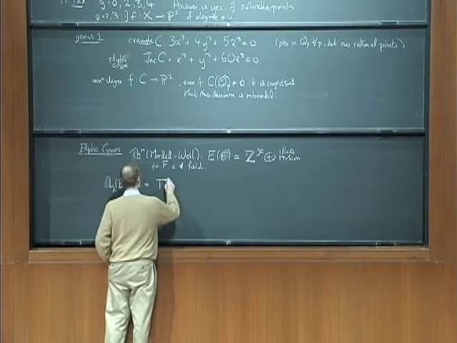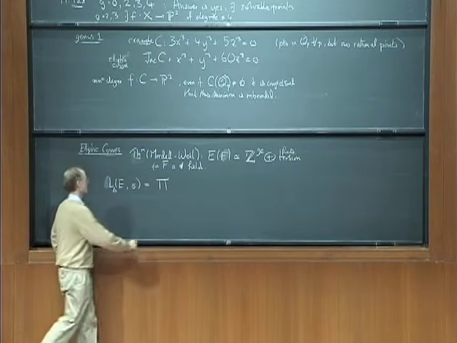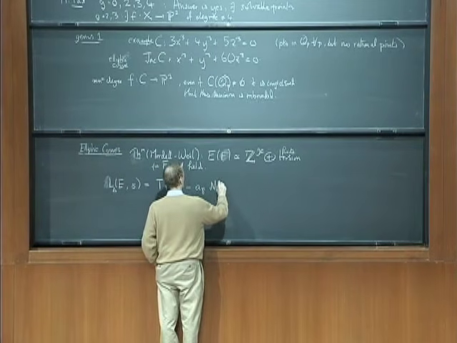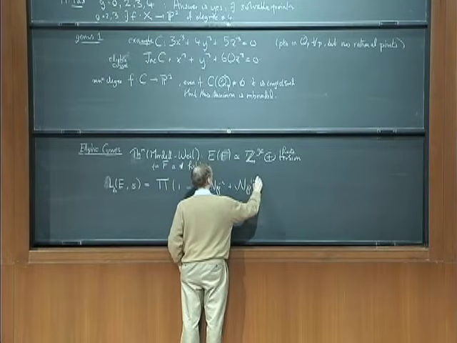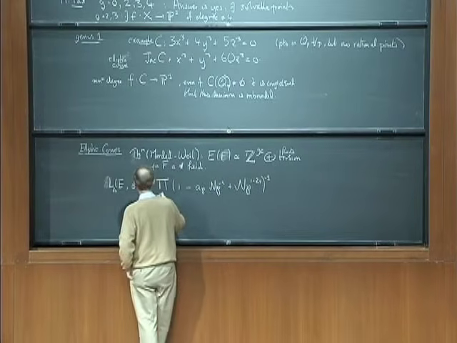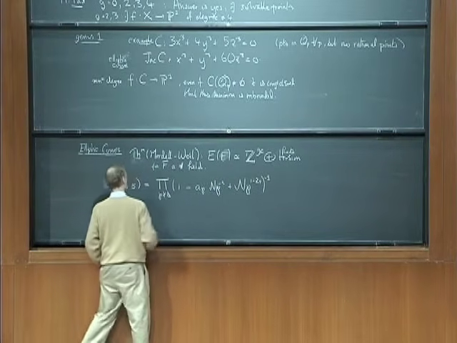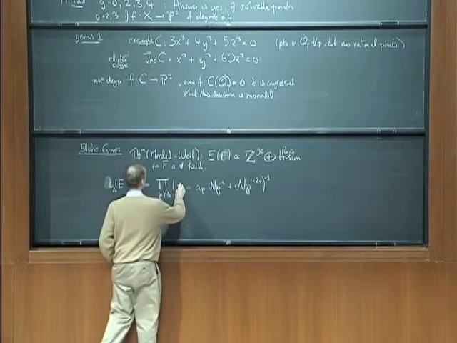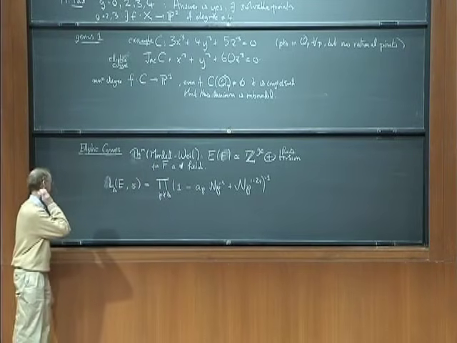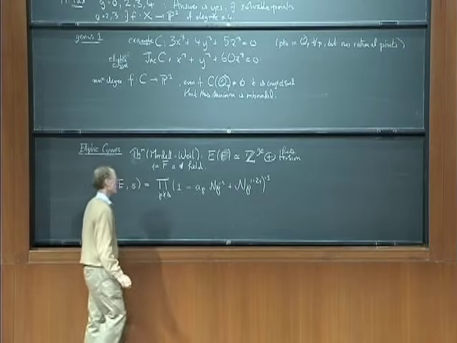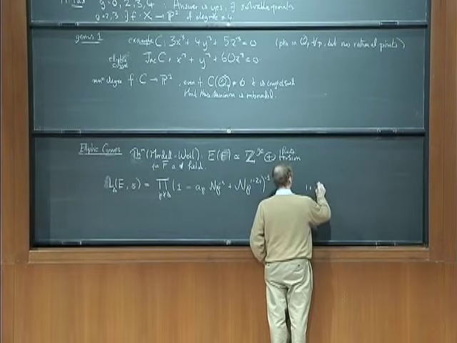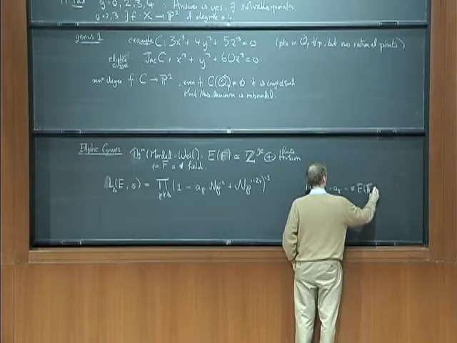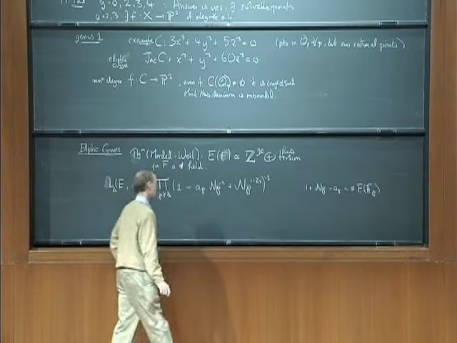So we can define the partial L function of E as the product over the primes not dividing the discriminant of the curve of 1 minus a_p norm p to the minus s plus norm p to the 1 minus 2s, where a_p is norm p minus the number of points over the residue field.